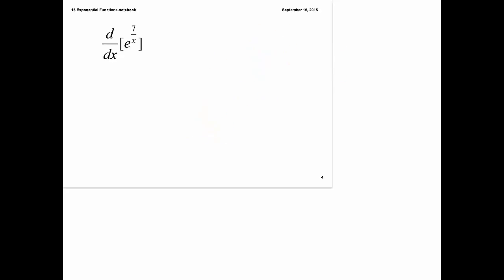Another example to look at: stop the video at this time, take a moment, and see if you can determine what the derivative of this function is. We know it's going to be e to that same power, and now we must take the derivative of 7 over x.